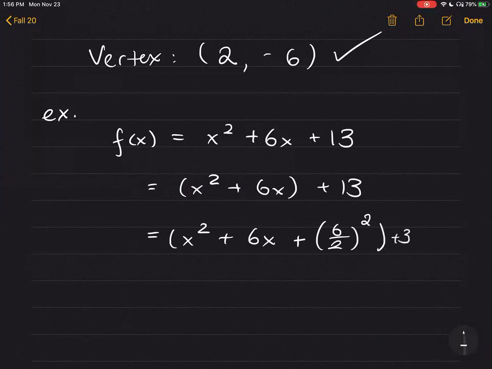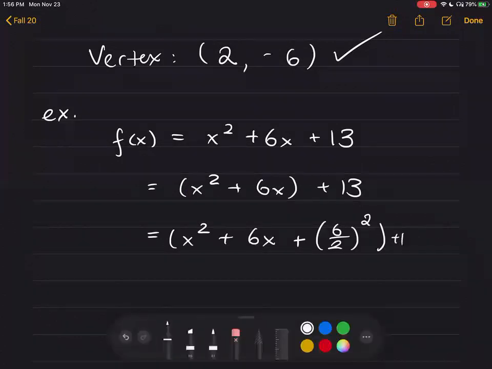And since, again, there's nothing out here in front, just a 1, we can subtract off 6 over 2 squared, just like that. If you like, you can secretly think that there's a 1 here.